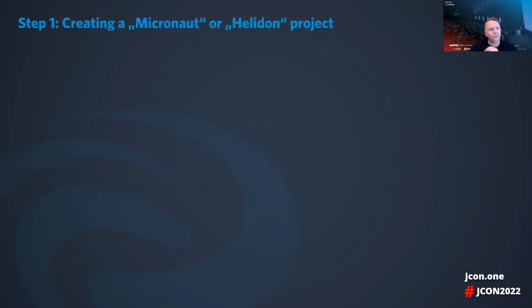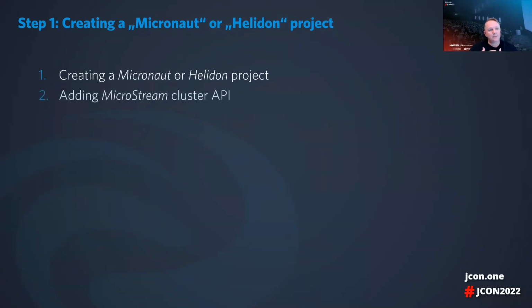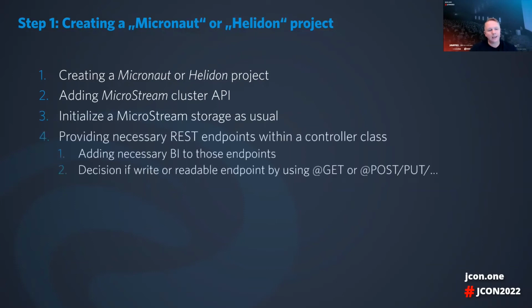So step one, what we need to do is, as I said, create a normal Micronaut or Helidon project. In my case, I created a Micronaut one because I'm more familiar with Micronaut. Let's add the MicroStream cluster API to that. Let's do some instantiation of MicroStream and create the storage as usual, nothing special in it.